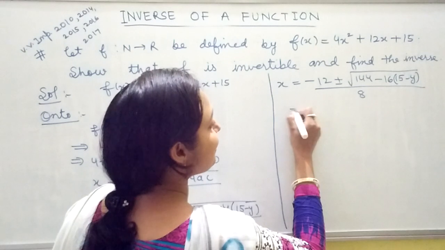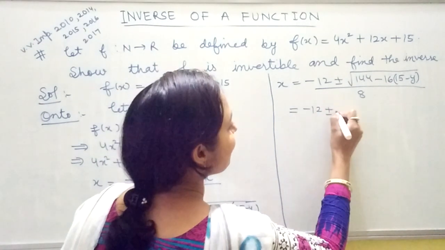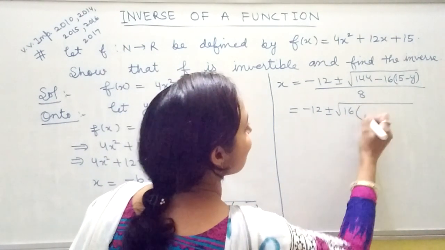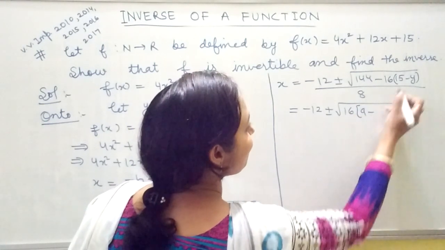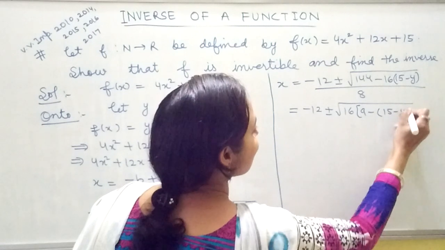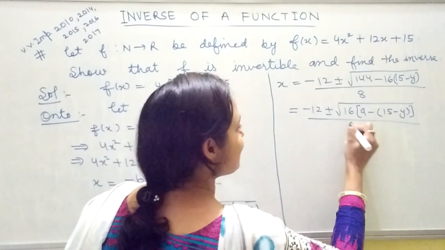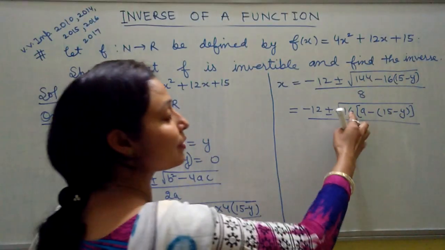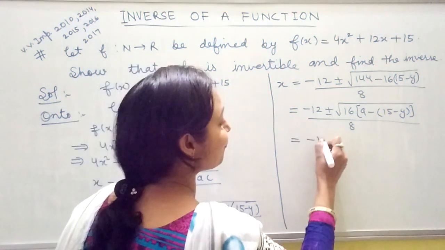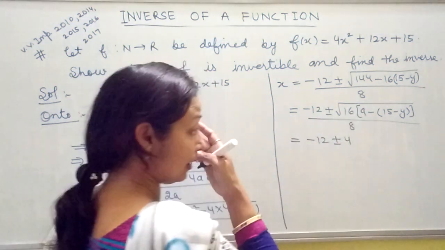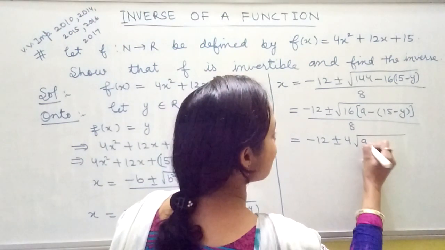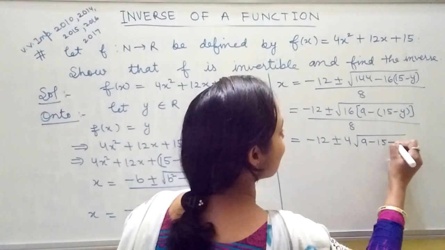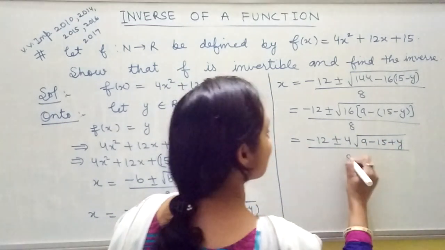I will take 16 common in the under root. When I take 16 common, it is 9 minus, inside the bracket, 15 minus y, over 8. Now 4 for the 16, I will take this 4 out of the under root, so the term inside the under root is 9 minus 15 plus y.